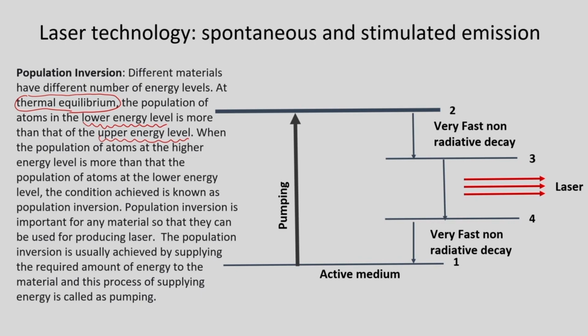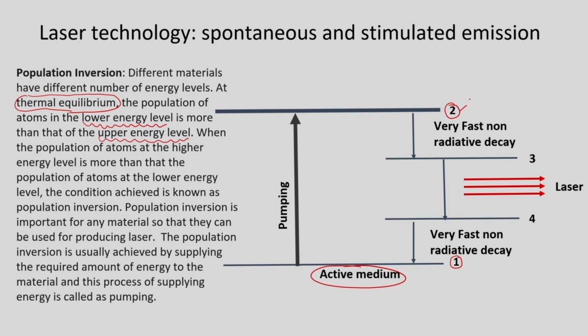To carry out this operation, we should have an active medium, and when we pump energy into this active medium, it goes to the higher energy level, and from there it decays. This decaying happens step by step. Let us consider the ground state as 1 and the highest energy state as 2.